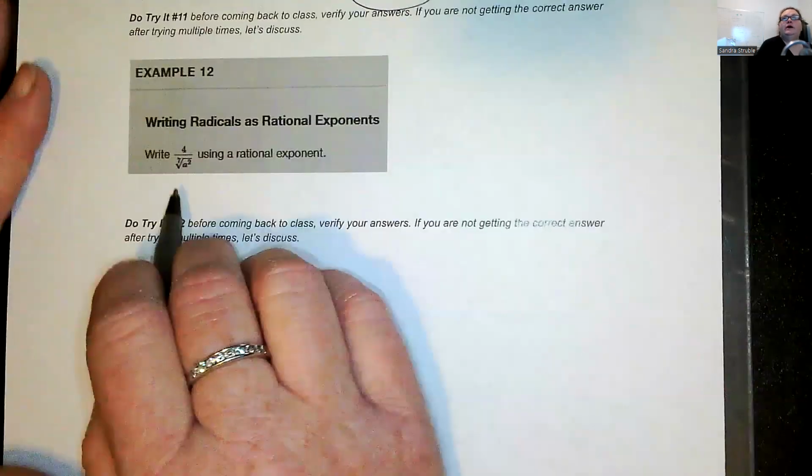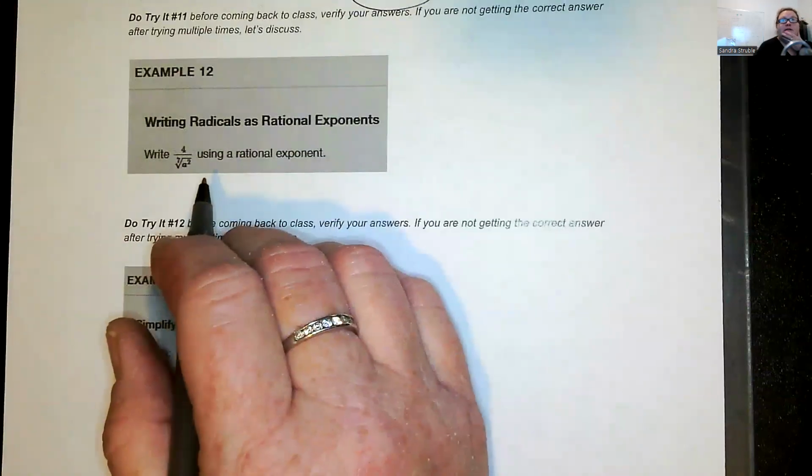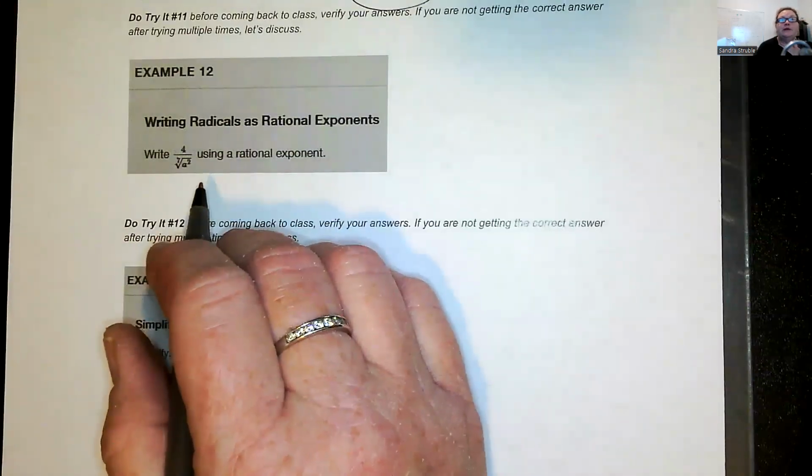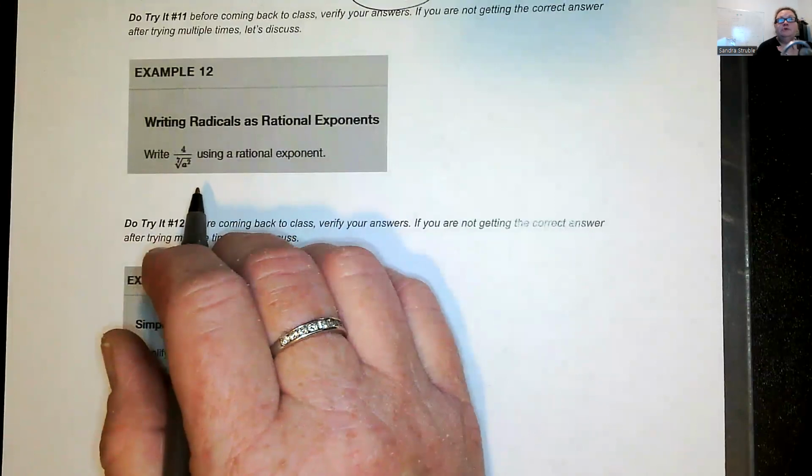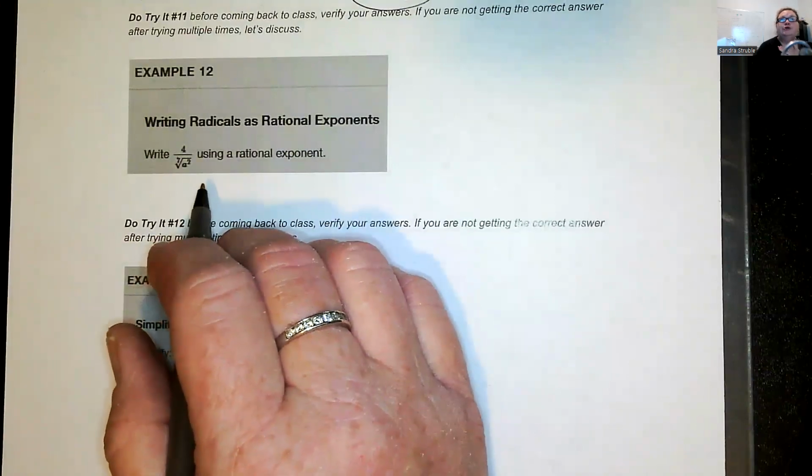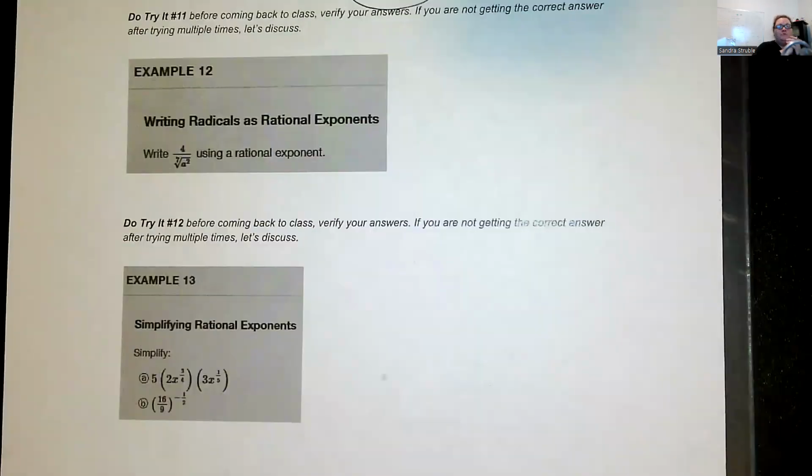All right, the next one, we've got a radical in the denominator, and that doesn't work for us. So we need to find out what we need to multiply this by in order to change things. Now, earlier we talked about just multiplying the numerator and denominator by the root itself. But if we do that, it's still not going to be right. We're still going to have a radical in the denominator. All right.